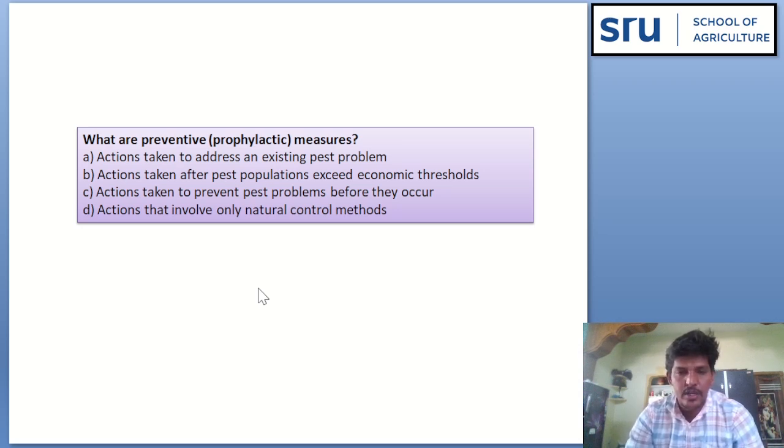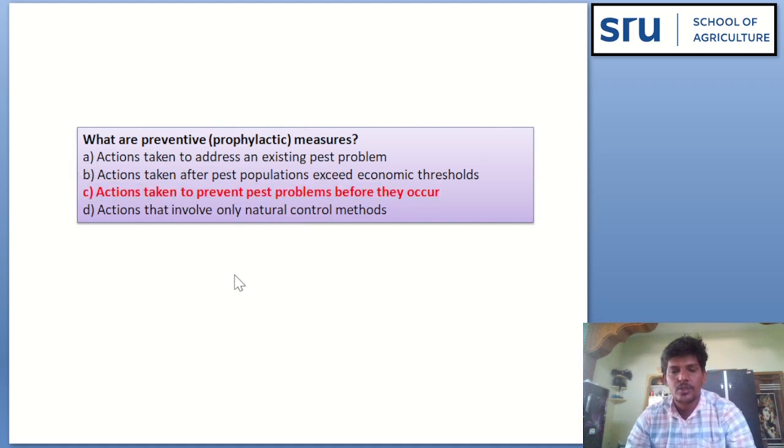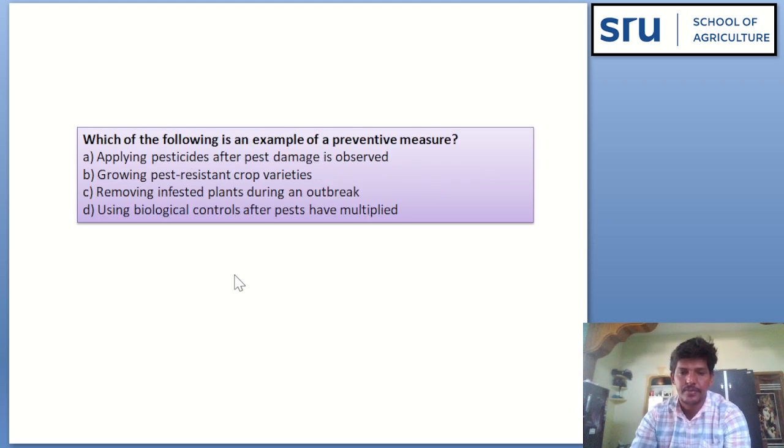Action taken to address an existing pest problem. Action taken after pest population exceed economic threshold. Action taken to prevent pest problem before they occur. Action that involve only natural control method. Here the correct answer is C. Action taken to prevent pest problem before they occur are the preventive measures or the prophylactic measures.